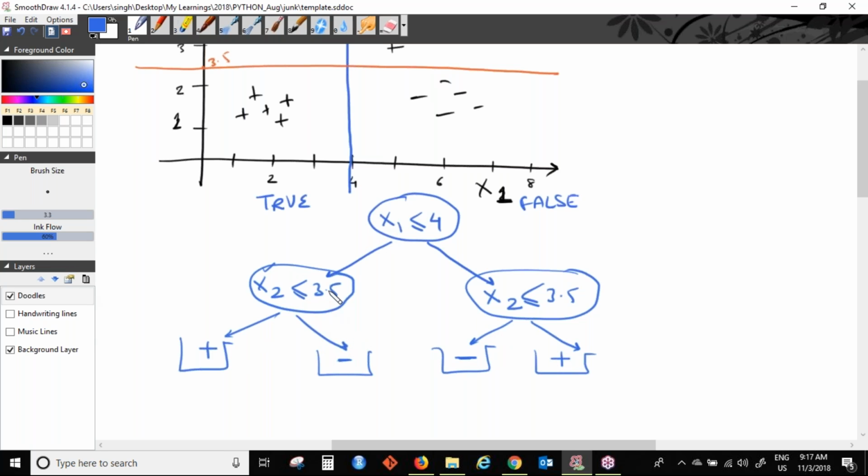In actual examples this would go on for some more depth. Right now the depth is only one, but in actual data it can go on and on, and that is why it is called a decision tree, because you are making decisions and it looks like a tree.